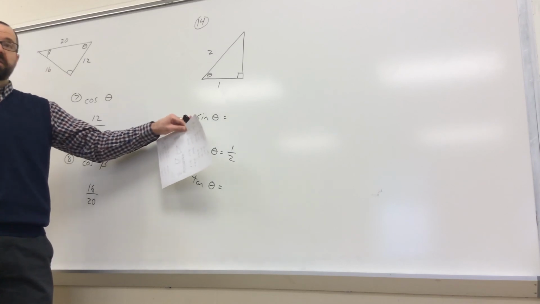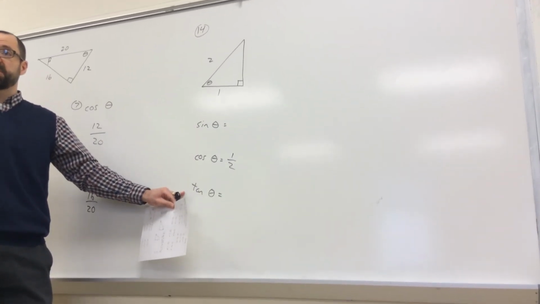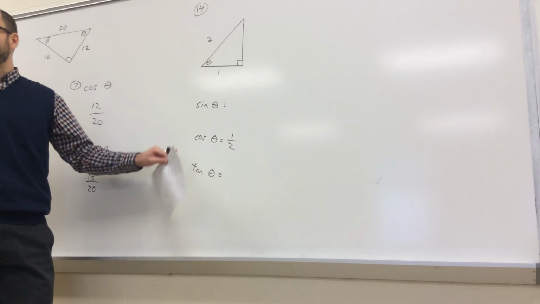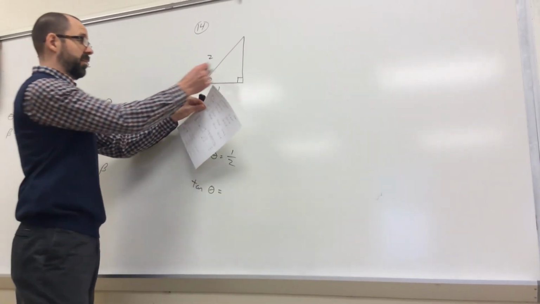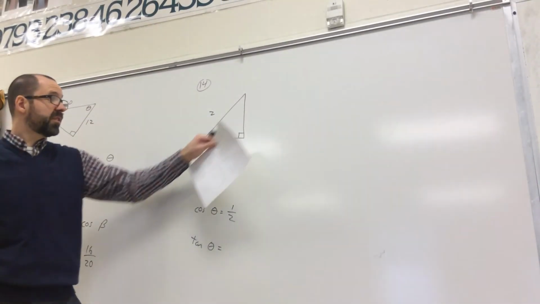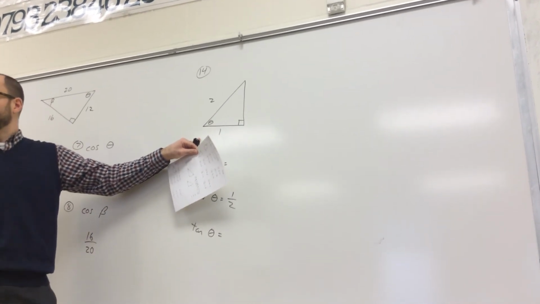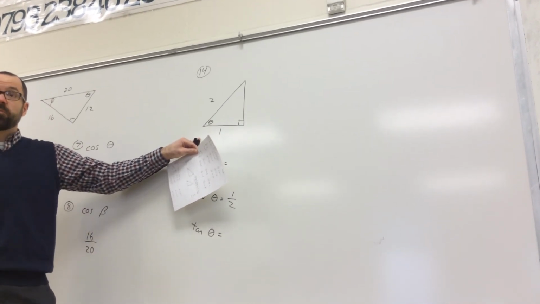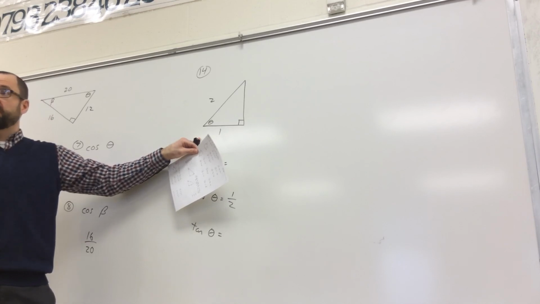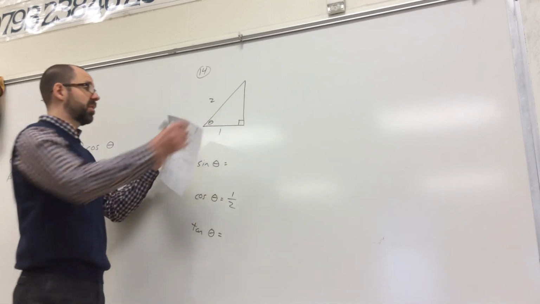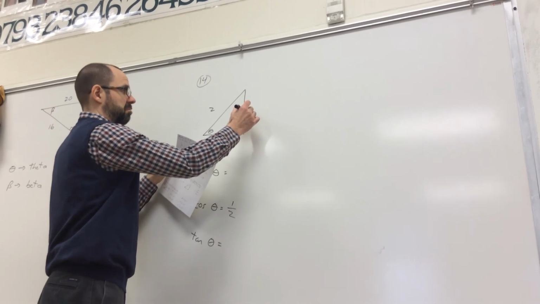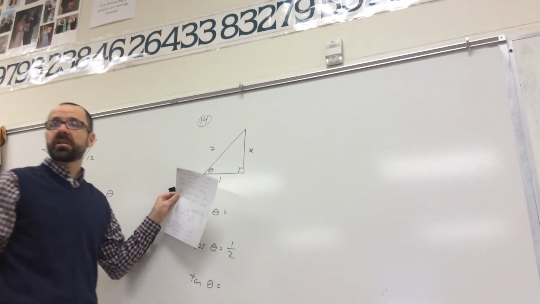All right, but we can't figure out the sine or the tangent yet because those use the opposite, and we don't have the opposite. How could we figure out the opposite? Yeah, Pythagorean Theorem, right? Any right triangle, the leg squared plus the leg squared equals hypotenuse squared. So let's just call this x, because we don't know what it is.